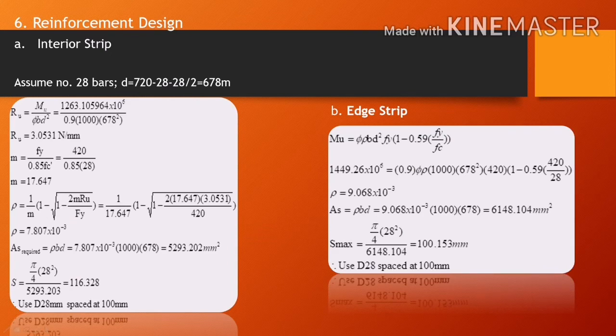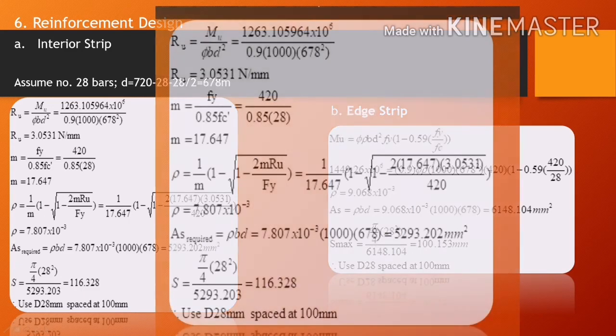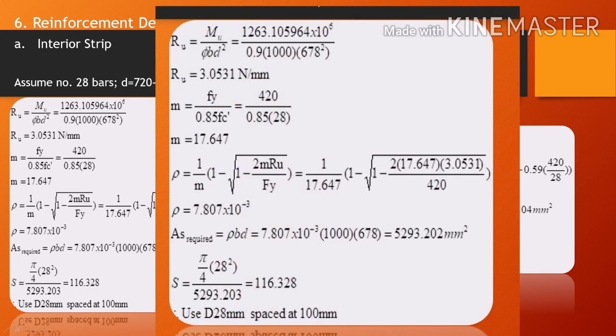For interior strip, we assume that the diameter of bars is 28 millimeters. Then the depth is equal to 678 millimeters. We solve for Ru and we got 3.0531 Newton per square millimeter. We solve for m, which is equal to 17.647. Then we solve for the rho, which is equal to 7.807 times 10 raised to negative 3.